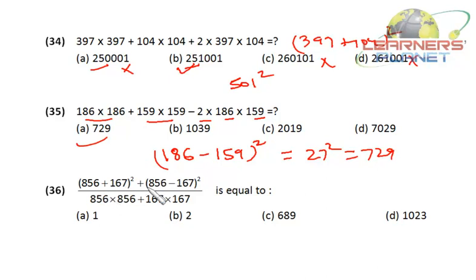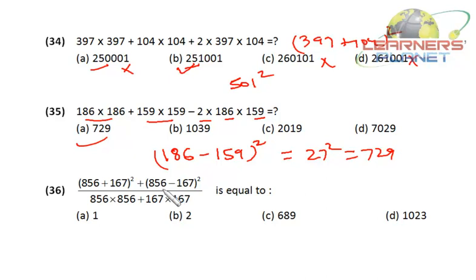Similarly, it is a plus b whole square plus a minus b whole square over a square plus b square. Friends, if we expand, a plus b whole square, we'll be getting a square plus b square plus 2ab, and if we expand this, we'll be getting a square plus b square minus 2ab. Then the 2ab terms will be cancelled.